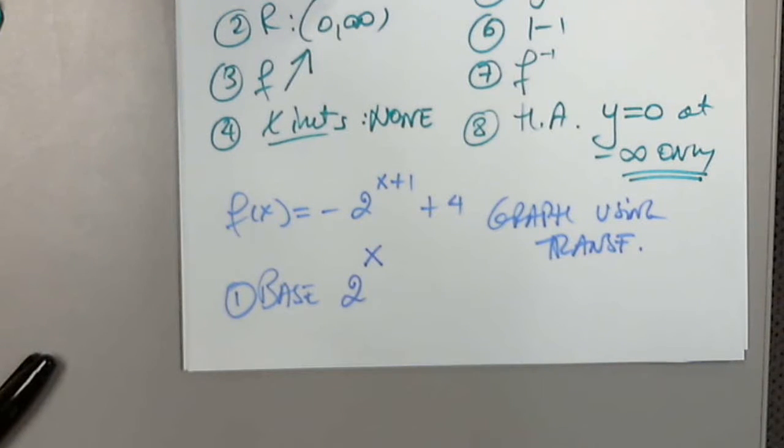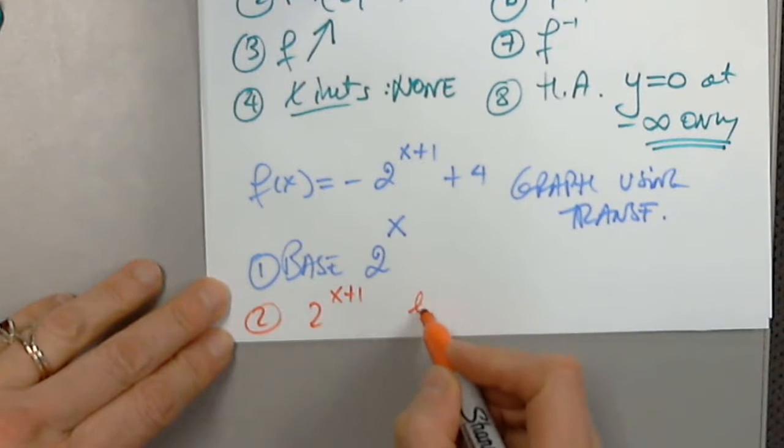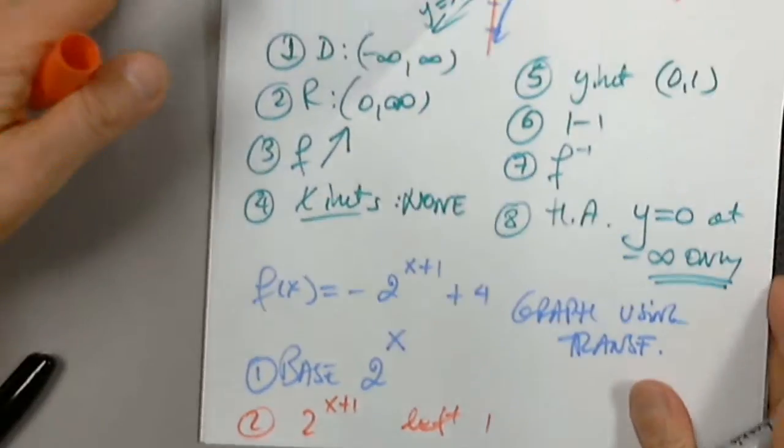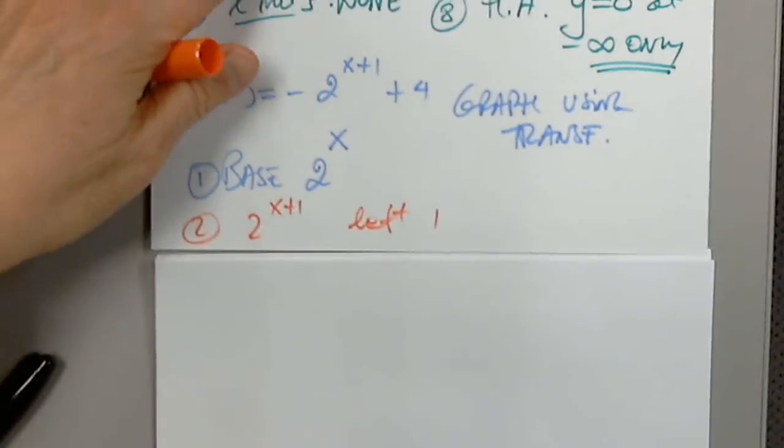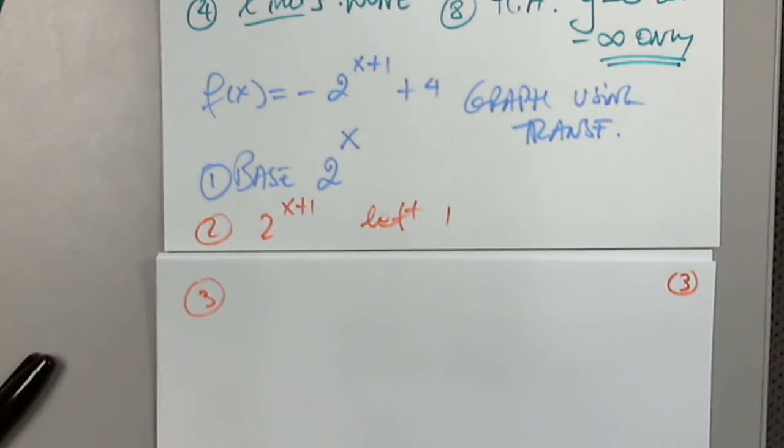Very good. Then the first transformation on the base function is, say it again, Jesse. Perfect, exactly. So number 2 is 2 raised to x plus 1. Indeed, left 1. Awesome, very good. See, this is what we studied a long time ago. Number 3.